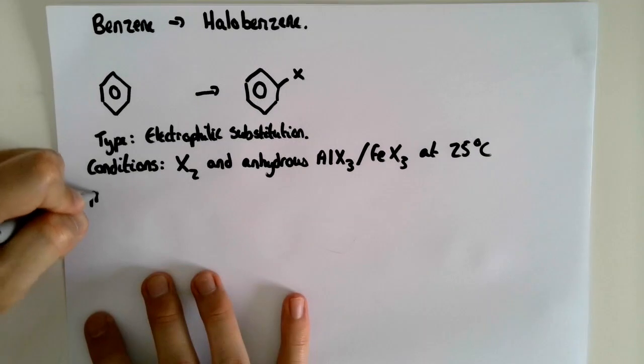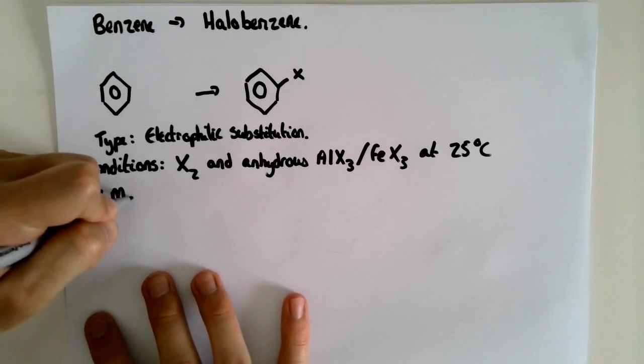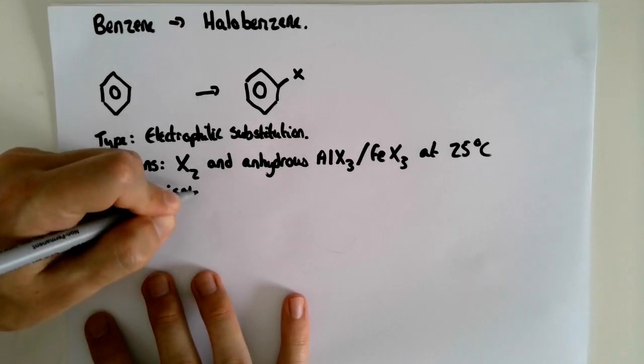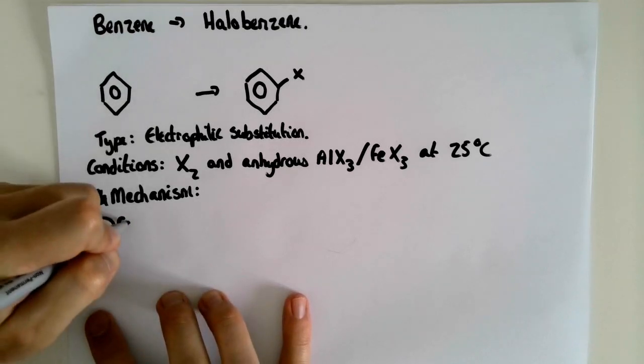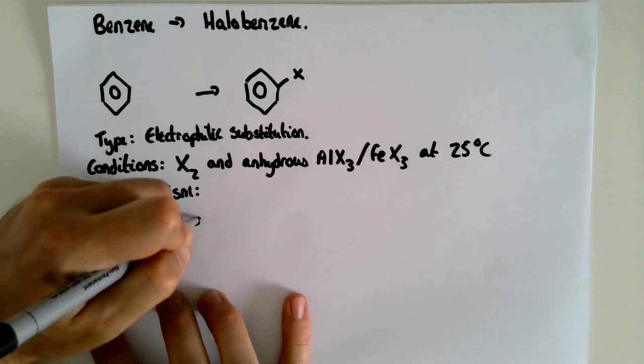So mechanism for this reaction, that is not a good M, let's try that again. Mechanism, the steps are all the same. So step one is formation of an electrophile.